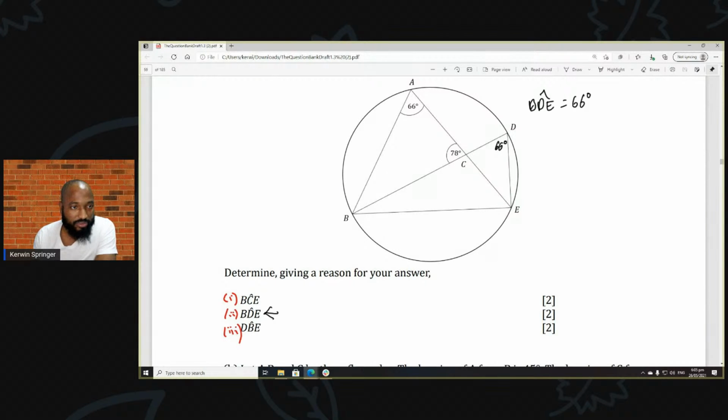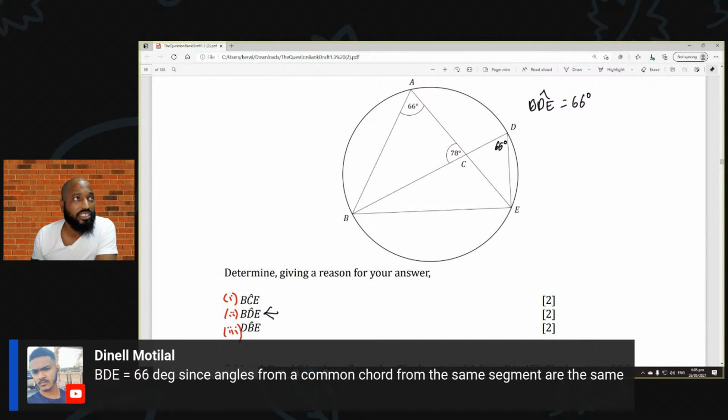Let me see if anybody has it. These are sample questions in the exam. BDE is 66 since Denel has it down, because angles from a common chord in the same segment are the same. So there's a common chord here.